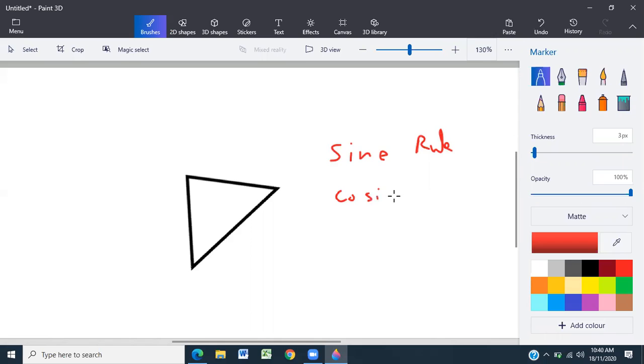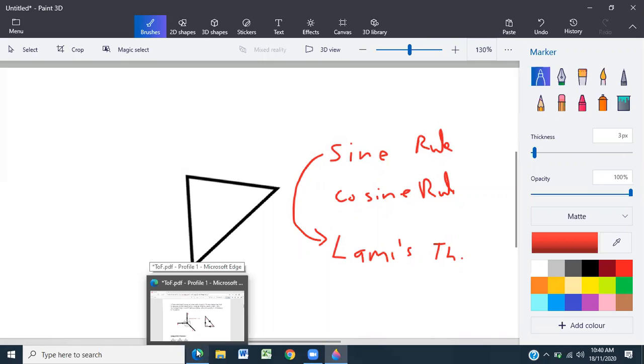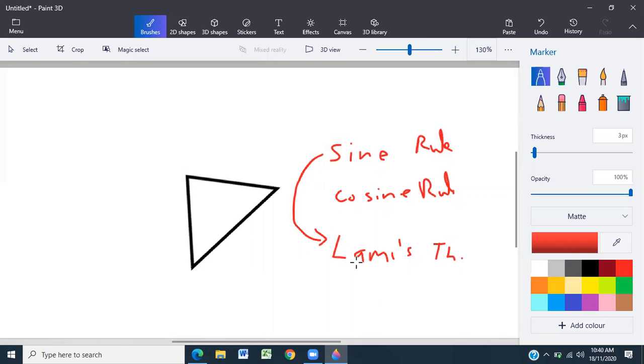So those are two things that we can use to find the angles and the lengths of the sides for triangles that aren't right angles, right? Additionally, there's Lamy's theorem, which is an extension of the sine rule applied to these space diagrams that you'll see, right? So let's go over number 2, and we'll find that these will pop up.